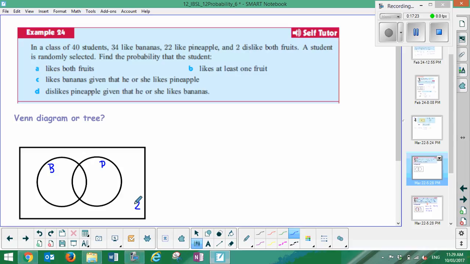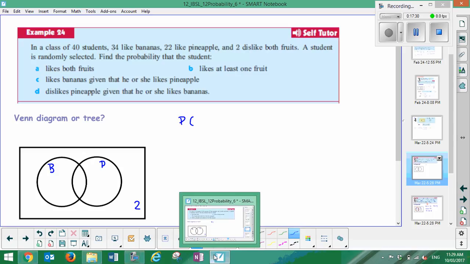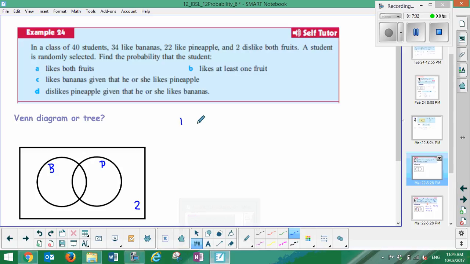If there are 2 people out here, then the number of people in A or B needs to equal 40 minus 2, which equals 38.